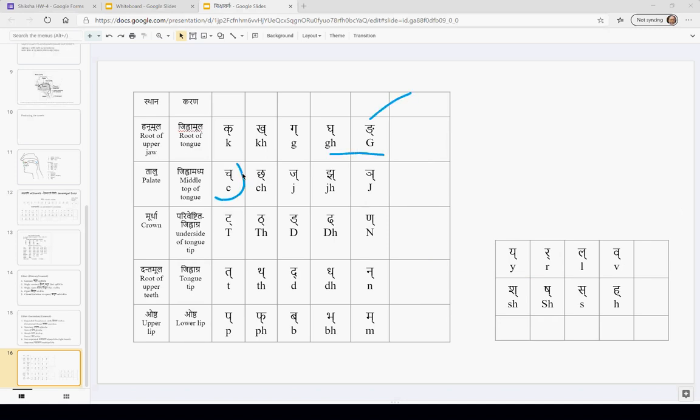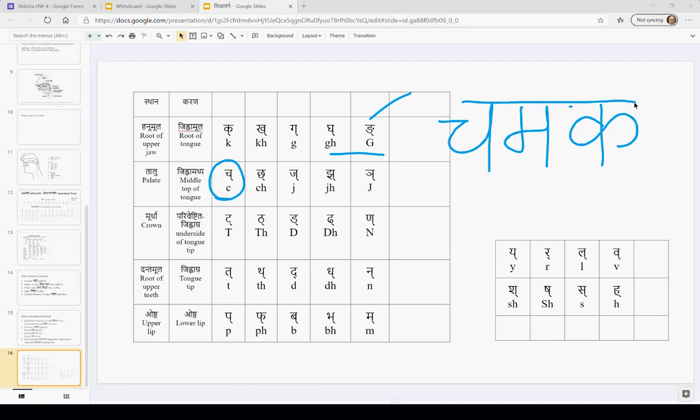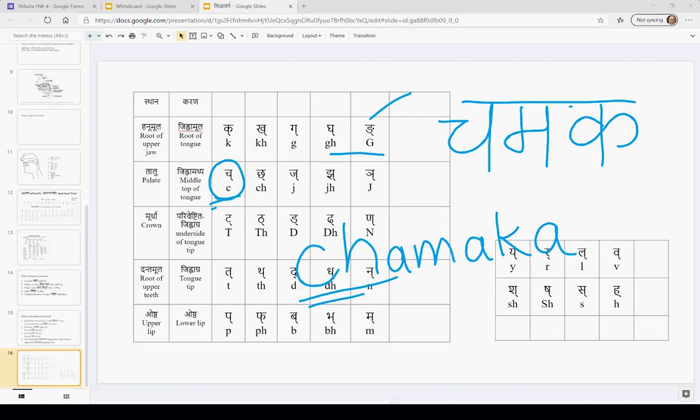This pronunciation we have already seen. And what about cha? For example, chama, chamaka. How do you say this? Can you pronounce this? Cha. We are focusing on this sound.